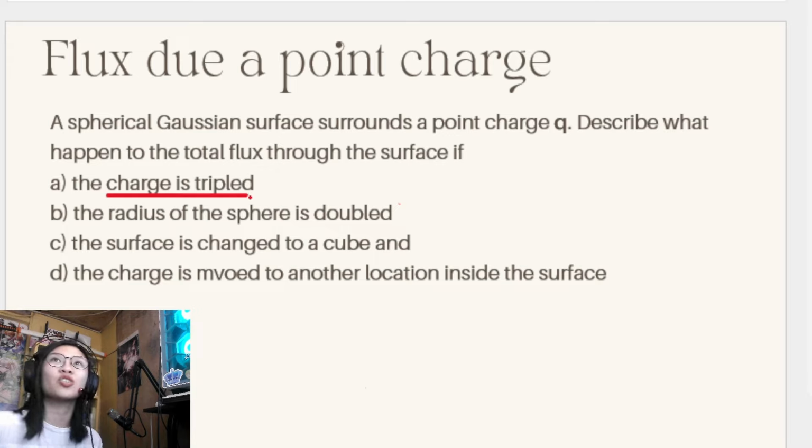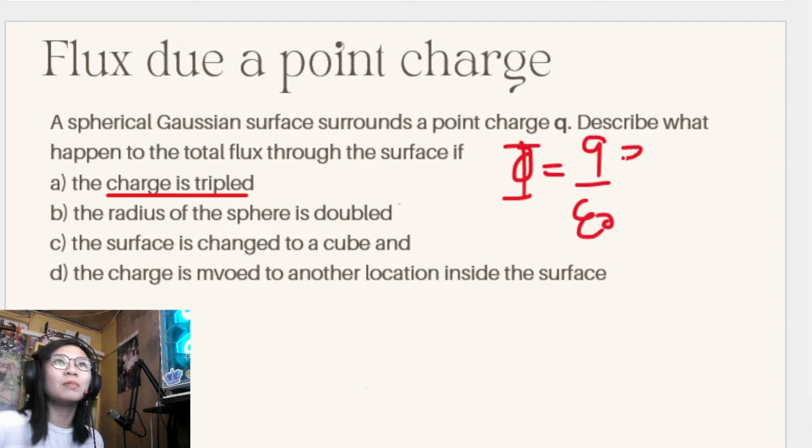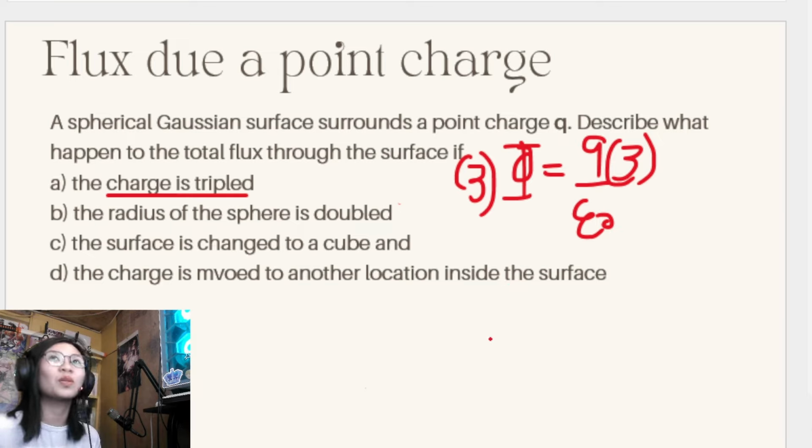Remember that charge always affects the electric flux inside a Gaussian surface. The formula is Q over epsilon naught, so pag times 3 ang imuhang charge, that will also affect your flux. What will happen to your charge will happen to your flux because they are directly proportional. If your charge is tripled, then your flux will also be tripled.